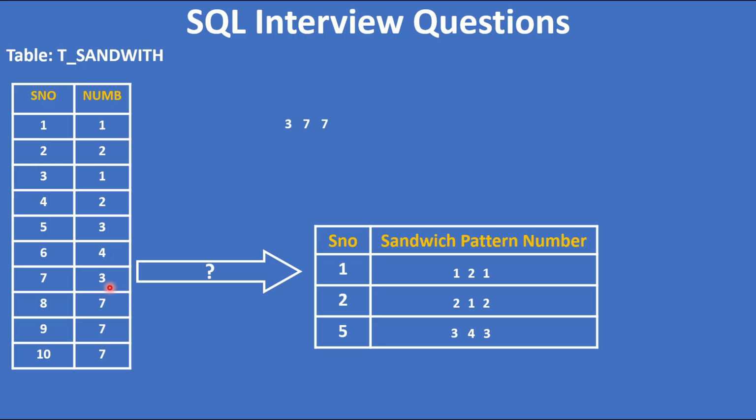This is also not a sandwich pattern number, so we'll ignore it. Next, 7 7 7. All are the same; 7 is on both ends, but the middle number is 7, which is equal to the beginning or end number. So this is not a sandwich pattern number, and we are going to ignore this.